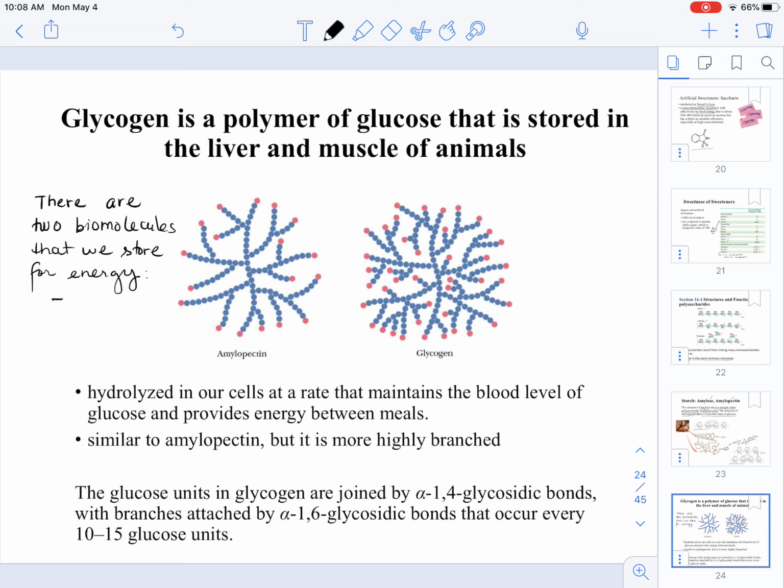And that is, as we saw previously, lipids, and we store them as triglycerides. And we also store sugar in the form of glycogen.